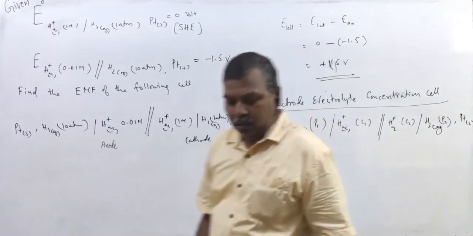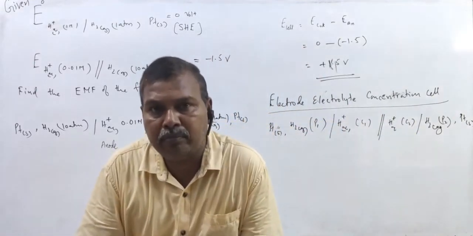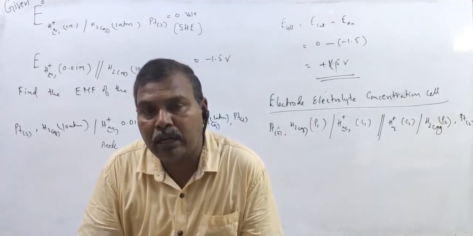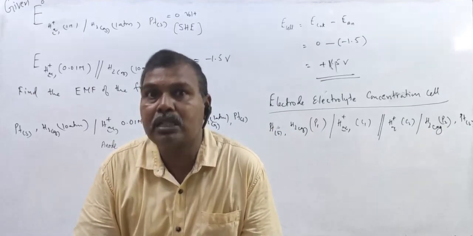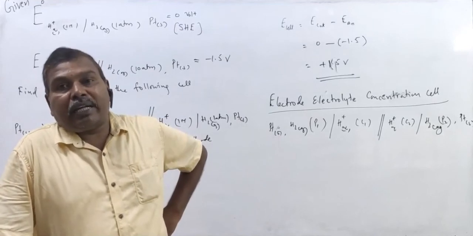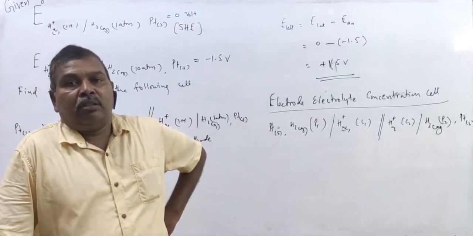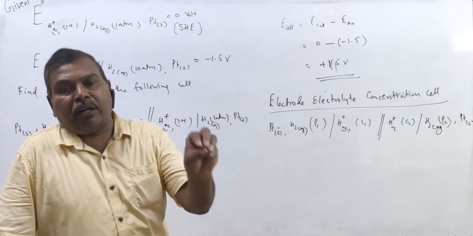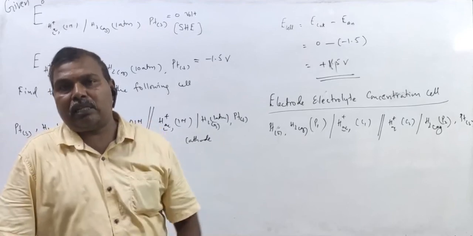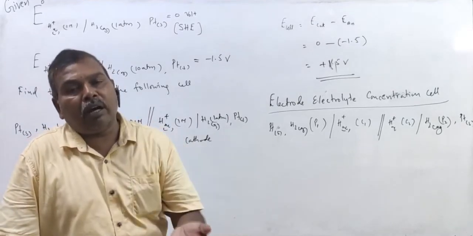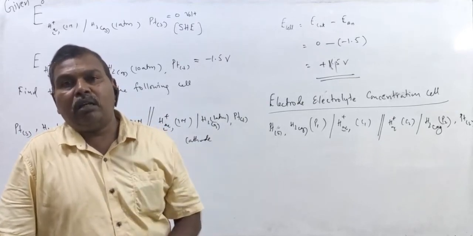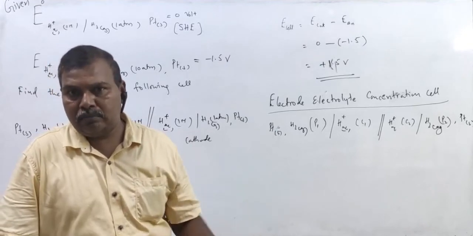See, if electrodes are the same, but active masses are different, then those electrochemical cells are called concentration cells. If electrolytes are at a different concentration, then they are called electrolytic concentration cells. If electrodes are at different concentration, meaning active mass, then they are called electrode concentration cells.